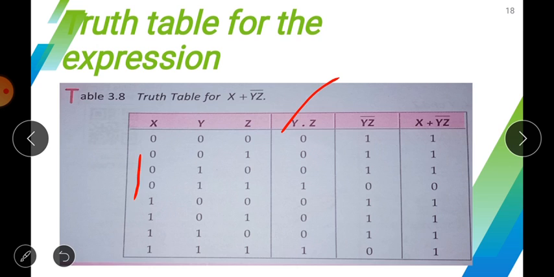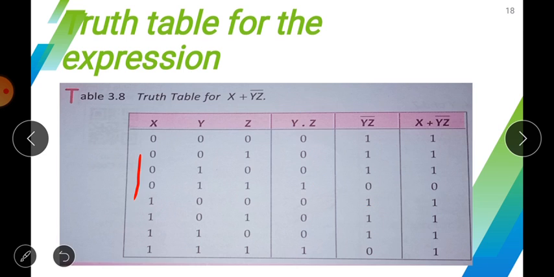The NOT operation: when the input is 1 the output is 0, and when the input is 0 the output is 1. So for all the zeros there are ones, and where there is 1 there is 0. This column is y and z, and this column is y and z inverted.